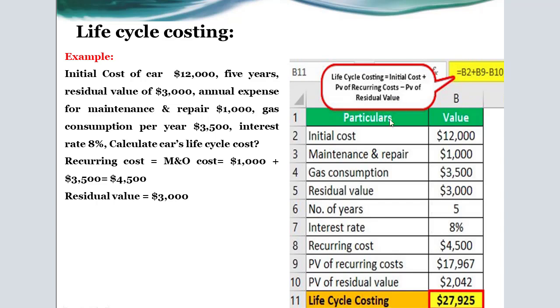This is just for arrangement of information and applying the equation. It's very, very simple. At the end of this example, we finish our lecture.